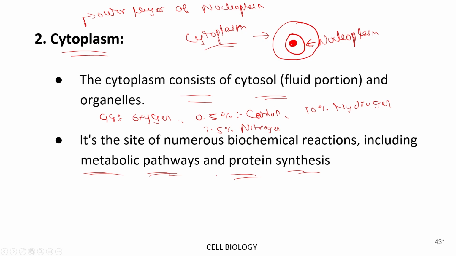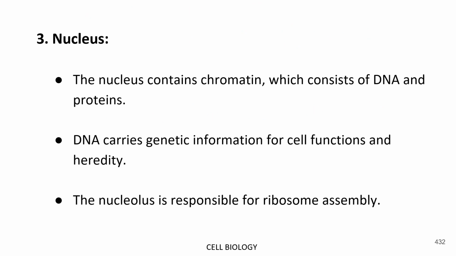Okay, so just write down the composition of cytoplasm. Got it? So we have learned that cytoplasm is the outer layer of nucleoplasm. Second thing we learned is that cytoplasm has a composition of 99% oxygen, 0.5% carbon, 10% hydrogen, and 2.5% nitrogen. And it is a site of metabolic pathways and protein synthesis. Got it? Now let's move forward.